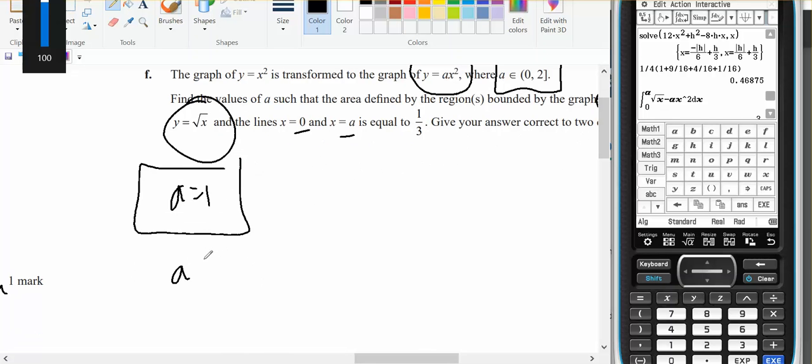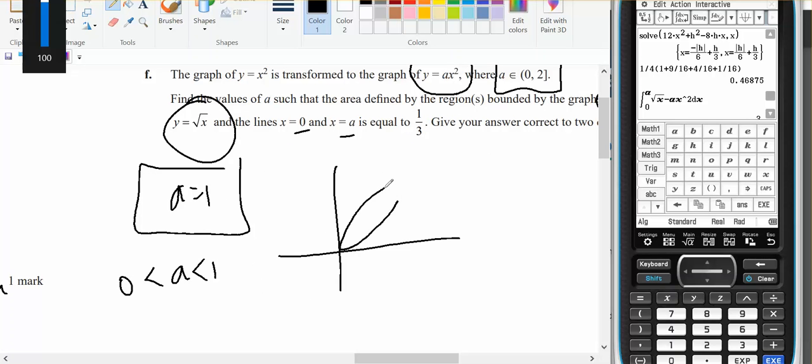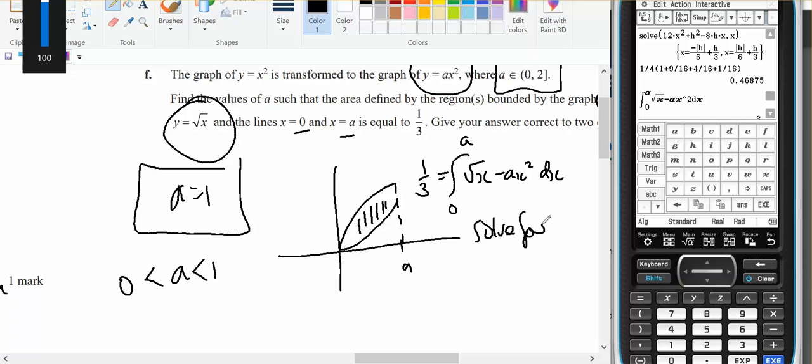If a was less than 1, but bigger than 0, because a goes from 0 to 2, then it's looking like this. This is my parabola, this is my square root, and here is a, and this is the area that I'm looking for. So I integrate from 0 to 1 of the square root of x minus ax squared dx and set that equal to 1/3 and solve for a.